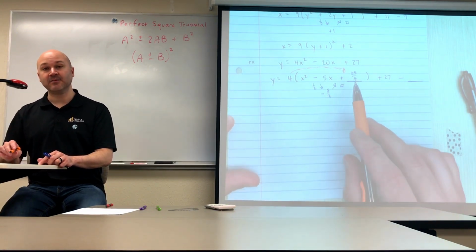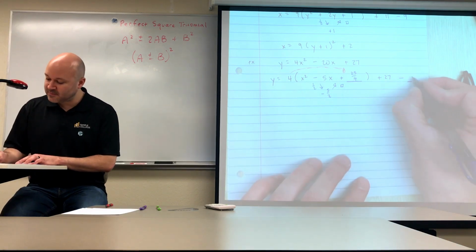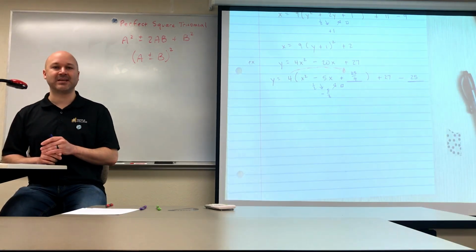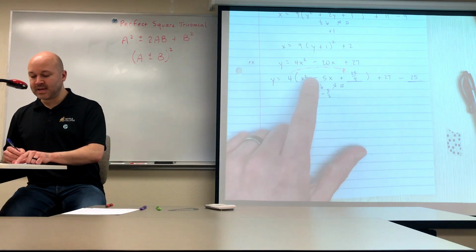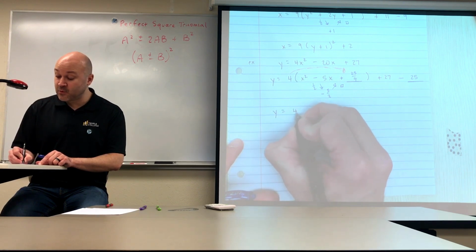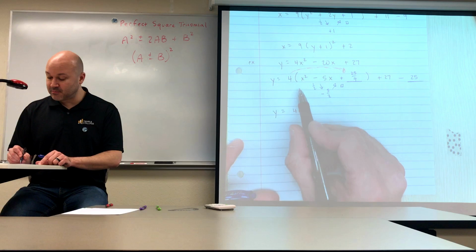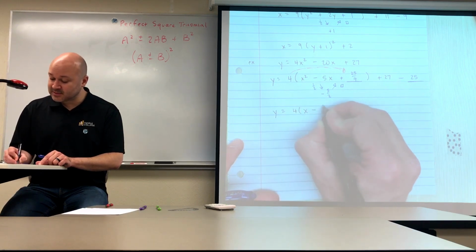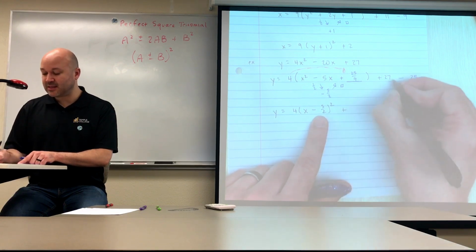I really just added 25 to the right-hand side, so I need to subtract 25 from the right-hand side to keep that equation balanced. PST factors nicely. Y is going to be equal to 4 times the binomial, x minus 5 halves, quantity squared, and that looks like a positive 2.